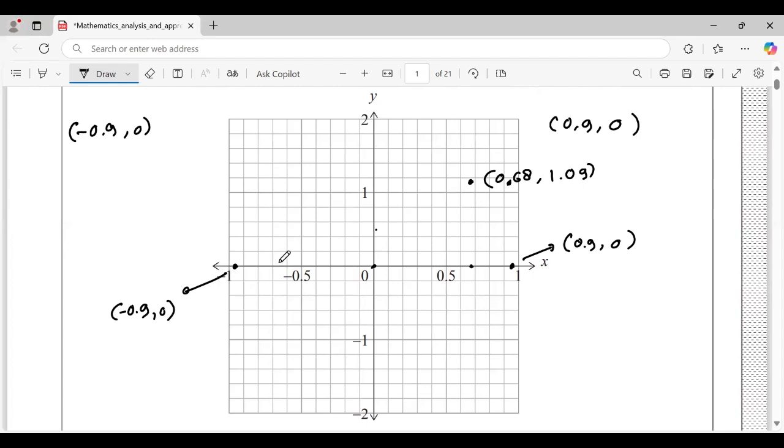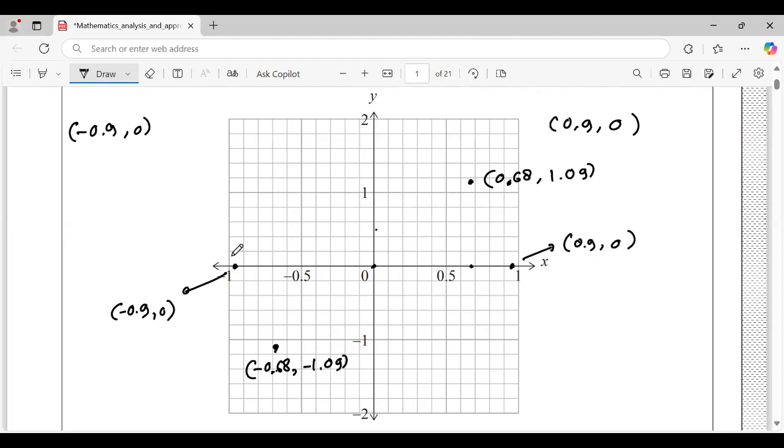Over here, 1.09 is around here. Minus 0.68, comma, minus 1.09. This one.